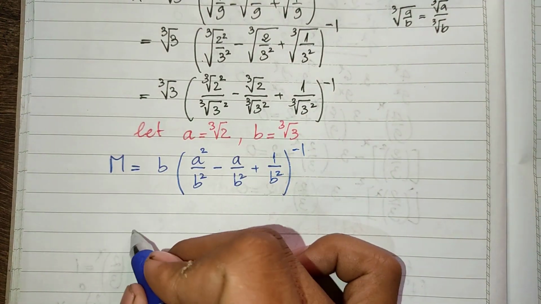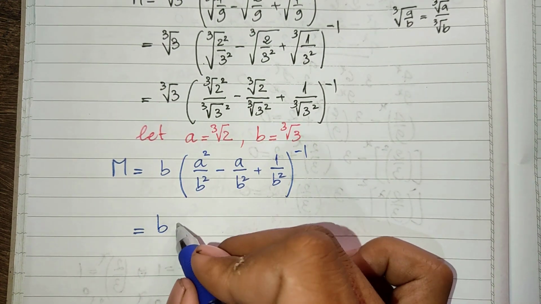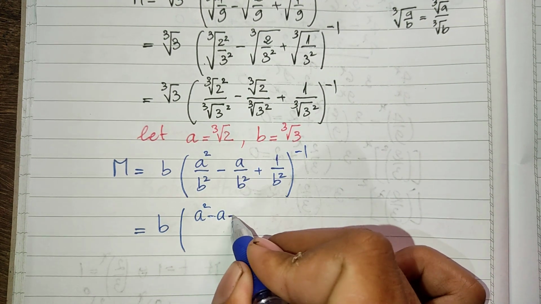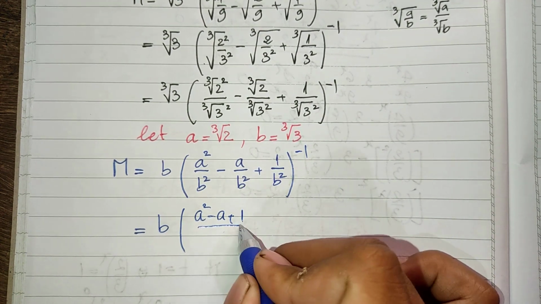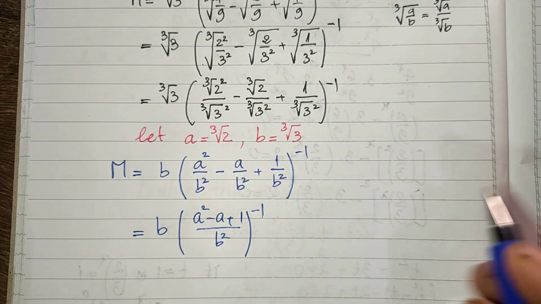This equals b multiplied by a squared minus a plus 1, divided by b squared, to the power minus 1.